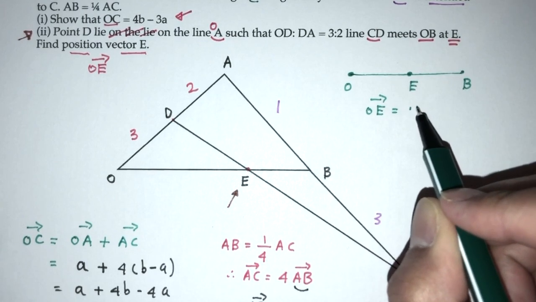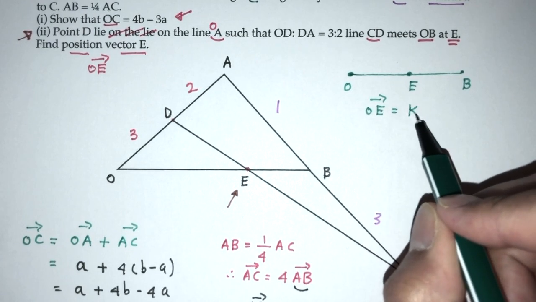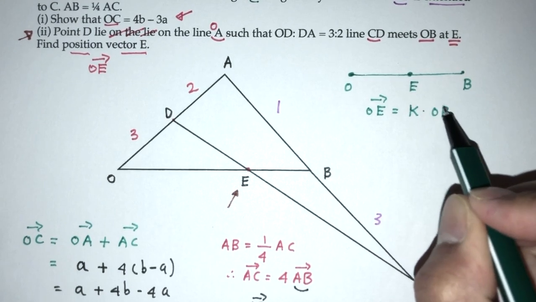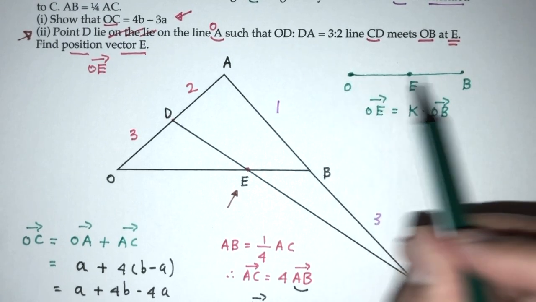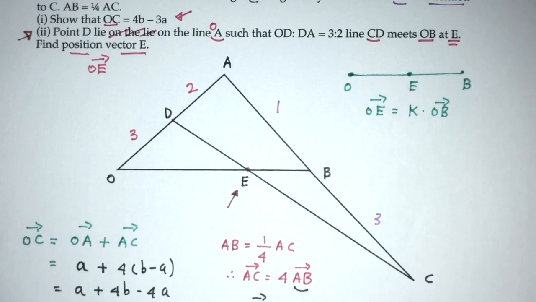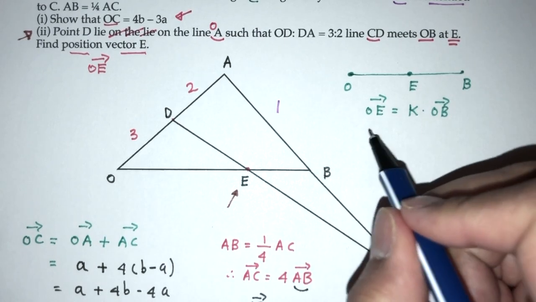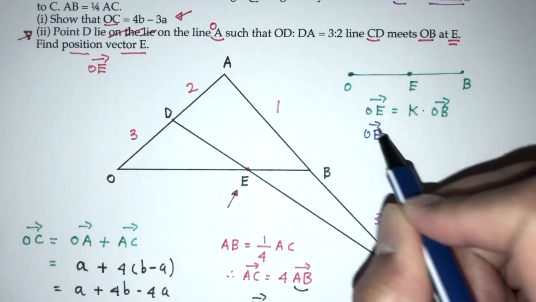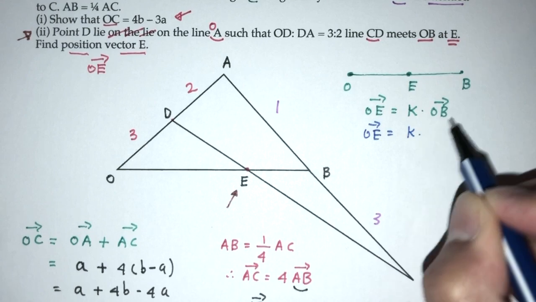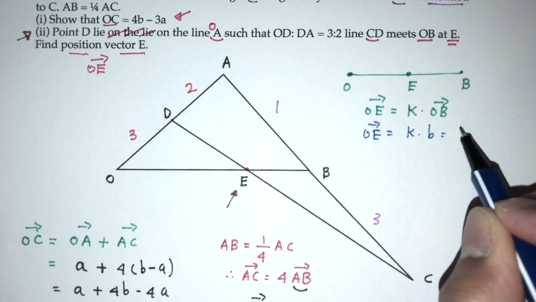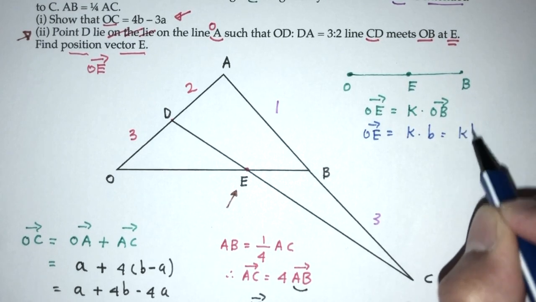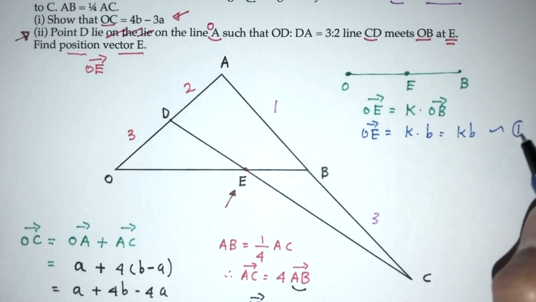Let me choose K, you can choose anything. Why I can say that? Because I know these two have to be in the same direction because they lie on the same line. So let me replace. I know that OE has to be K, and OB is given to you by B, which is KB. So that's my equation number 1.